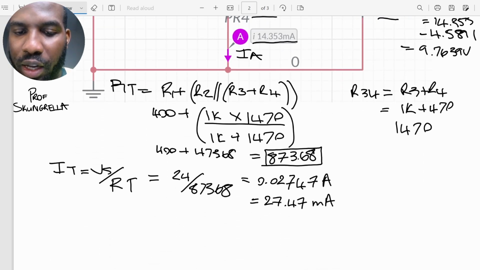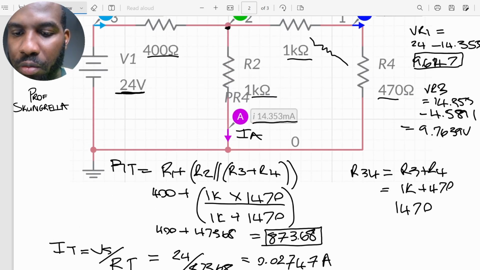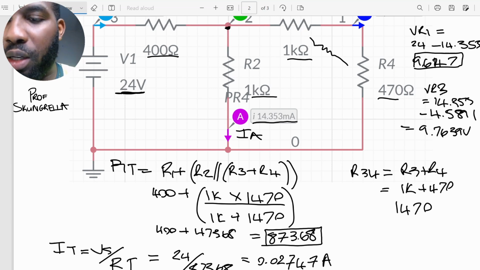So let's see if we have any errors in our calculations. 1/400 in parallel with 1K plus 400. Let's double check it quickly.